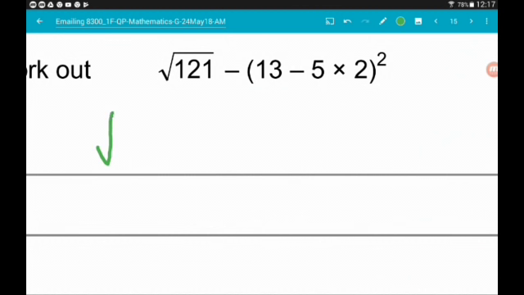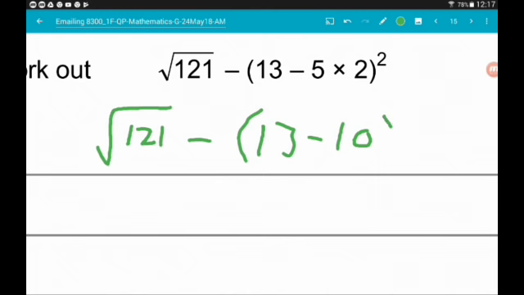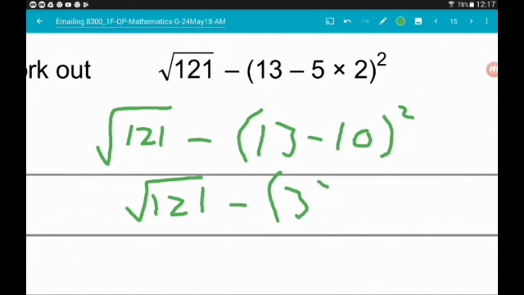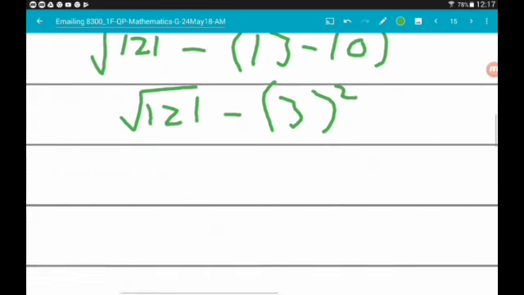So we can say this is root 121 minus 13 minus 10 squared. So we got root 121 minus 3 squared. Now we need to be really careful here.